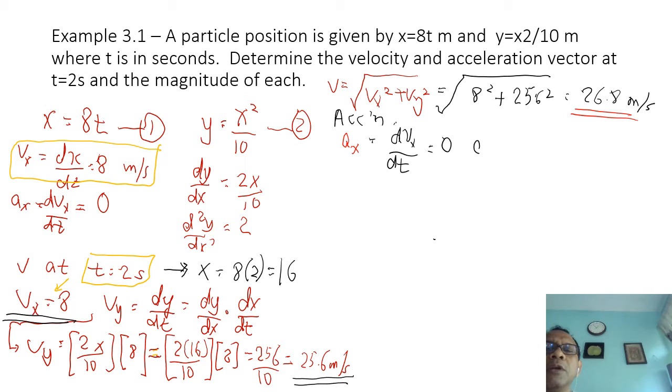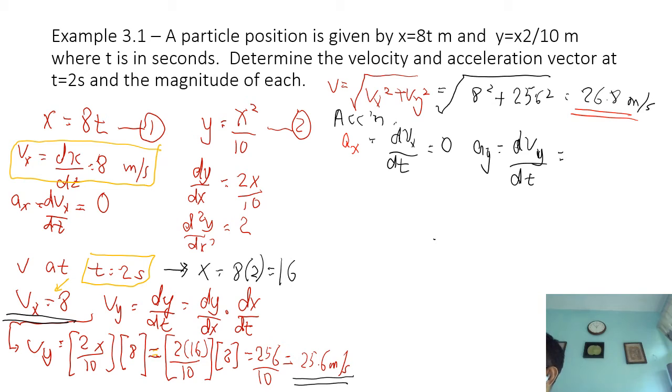Now we want to find ay. Ay is dvy over dt.